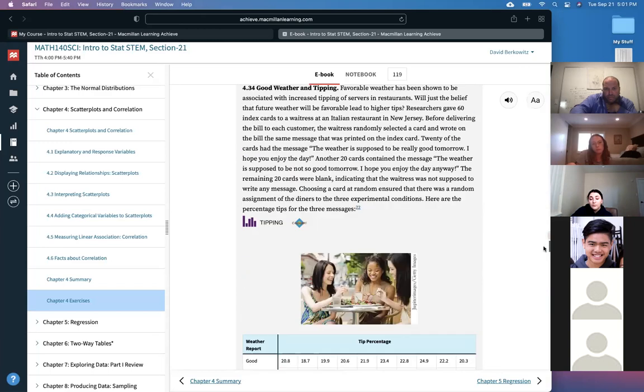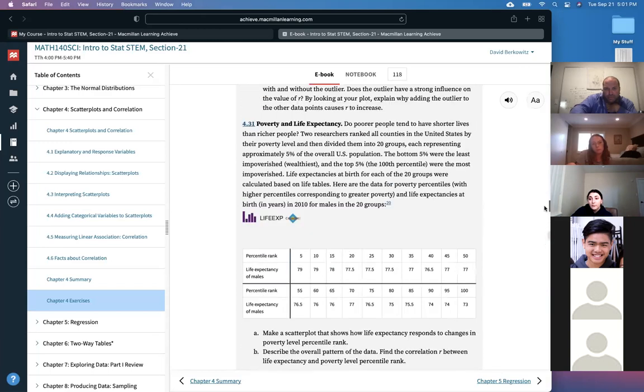Okay, poverty and life expectancy. Why not? Because this is related to the car thing we spoke about earlier. Do poor people tend to have shorter lives than richer people? Two researchers ranked all counties in the United States by their poverty level, divided them into 20 groups, each representing approximately 5% of the overall US population.